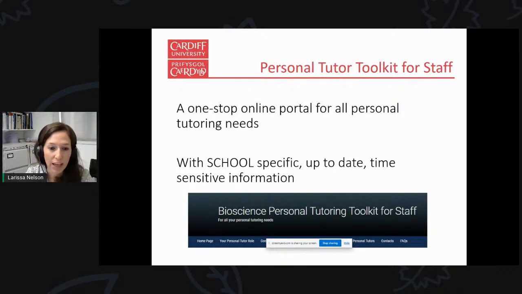So the plan here was to have information that wasn't necessarily on the university-wide intranet, but specifically information that was relevant to School of Bioscience students and staff. So we developed this personal tutoring toolkit for staff.